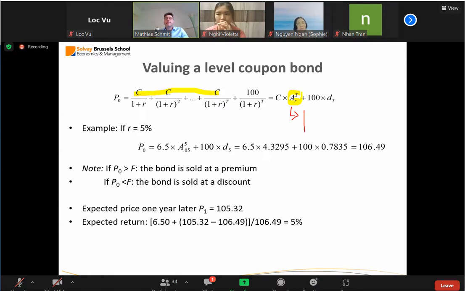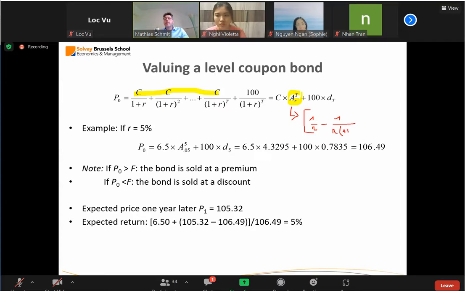It is 1 divided by R, minus 1 divided by R times (1 plus R) exponent T. This is the annuity factor.